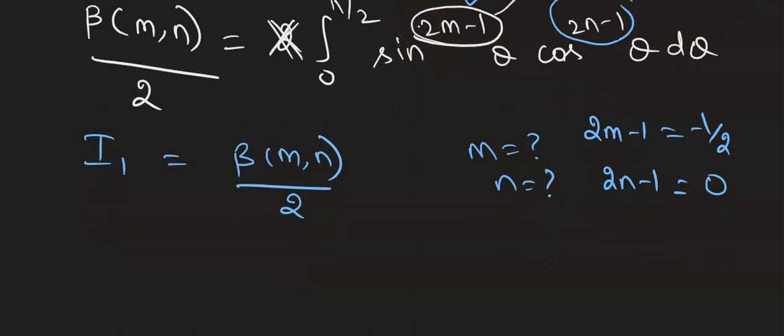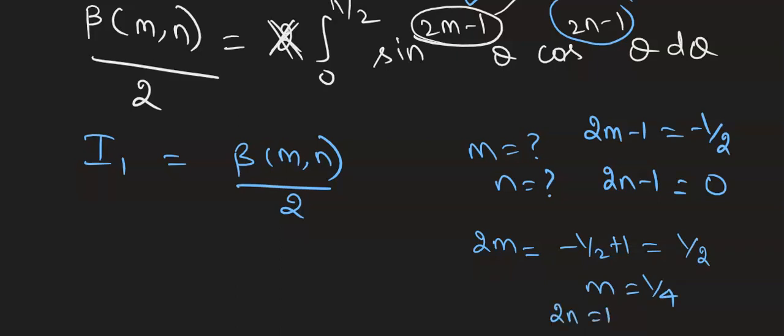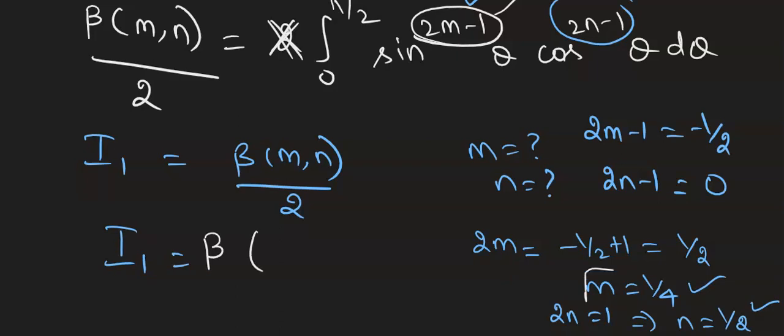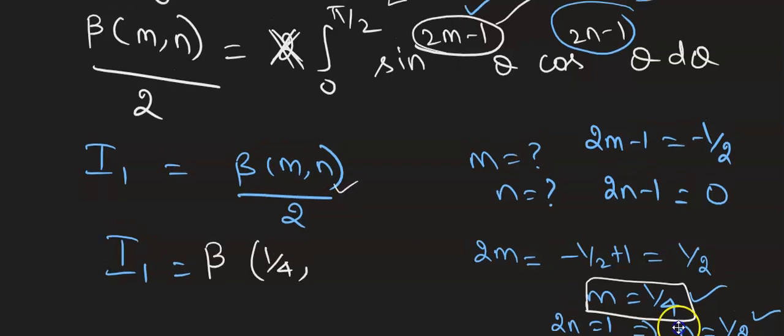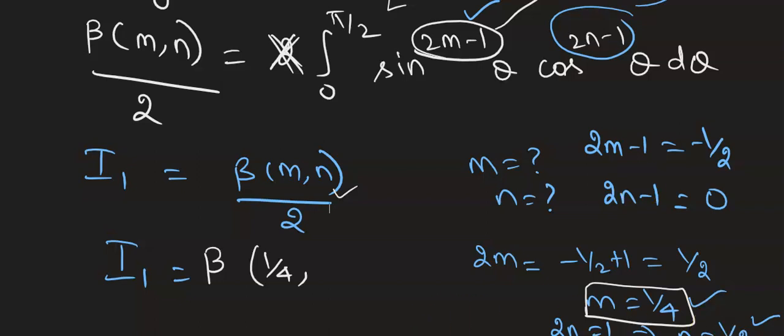From the first equation, 2m is equal to minus 1 by 2 plus 1. 1 minus 1 by 2 is 1 by 2, therefore m is 1 by 4. 2n minus 1 is 0 means 2n is equal to 1, which implies n is 1 by 2. I substitute these two here. So your I1 is beta of m, which is 1 by 4, comma n, which is 1 by 2, divided by 2.